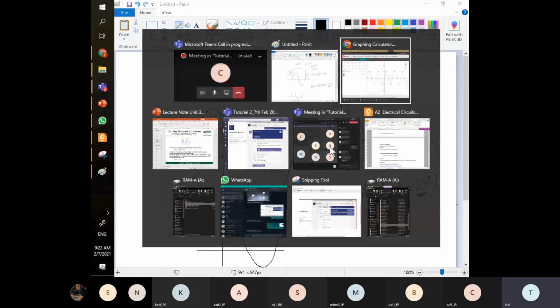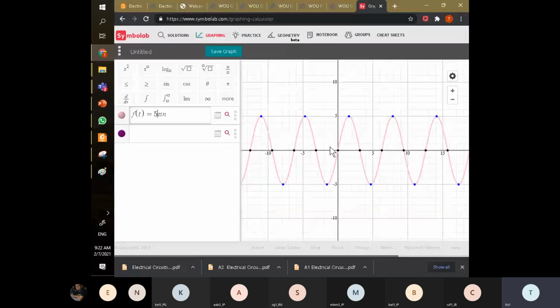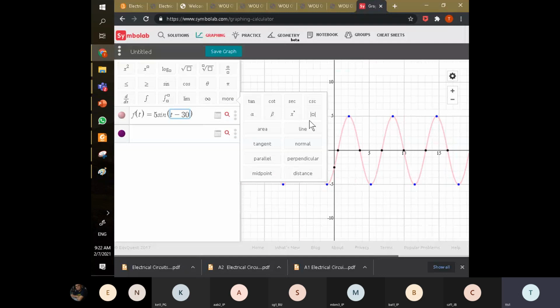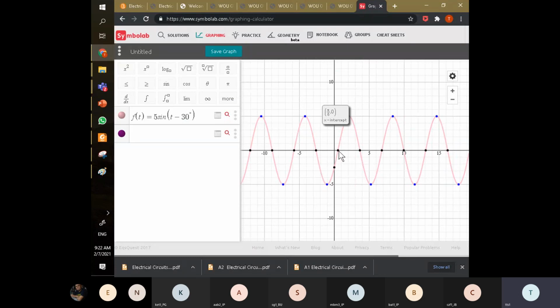So if you take this one, sine t minus 30, you can see the delay, right? It's a delay of 30 degrees here. Let me change it to degrees. You can see somehow the delay right here, 30 degrees. So if I want to delay all the way to 90 degrees, I change to 90 degrees, delay 90 degrees.